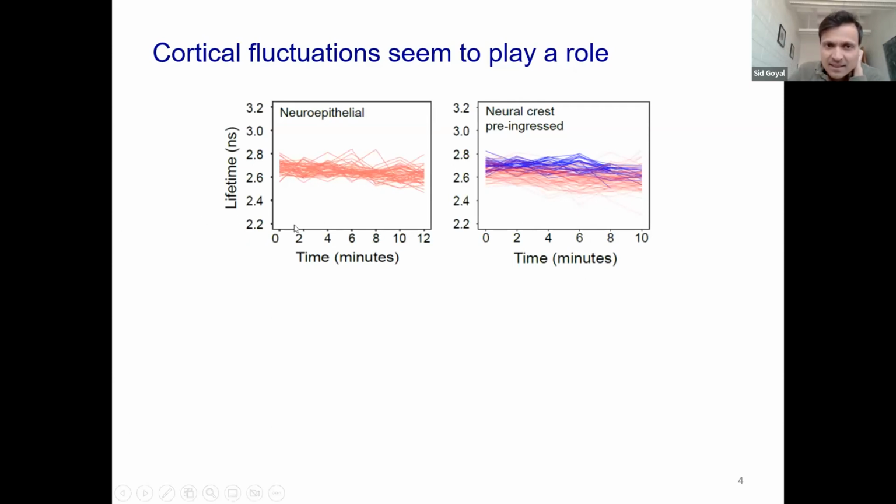These are cortical fluctuations in neuroepithelial cells, which are the neighboring cells next to the neural crest cells. The red lines are typically showing the fluctuations in the neural crest pre-ingress cells. Some of these cells start fluctuating a lot. The blue lines are going to be mutants, and I'm going to talk about it in a minute. But these fluctuations seem to be central.